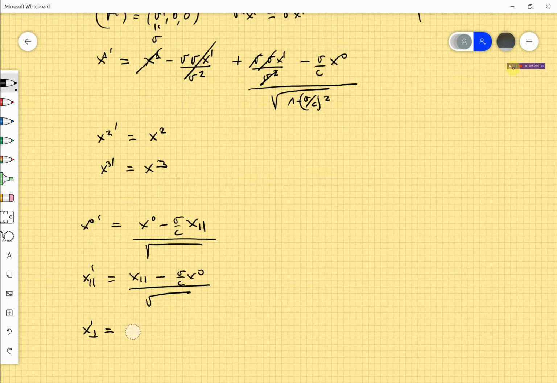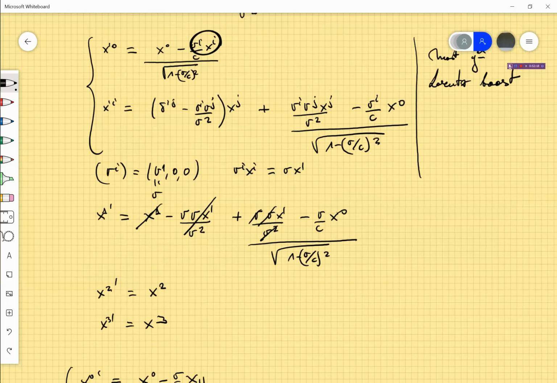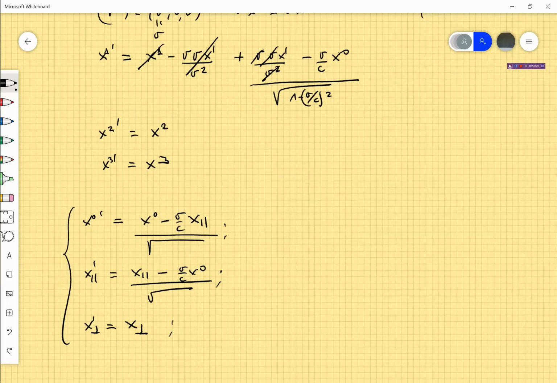So x prime perpendicular is just x perpendicular. This is basically what we have written above, but using vi, the vector normalized by this absolute value, to project in parallel and orthogonal directions. They are exactly the same formula.